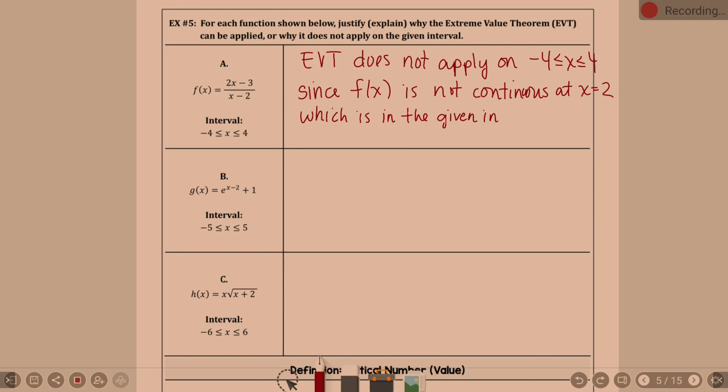Is that a vertical asymptote? Yes, it would be a vertical asymptote. And then horizontal or whatever. My horizontal asymptote here would be 2 because the powers match, and then you use your leading coefficients, right?